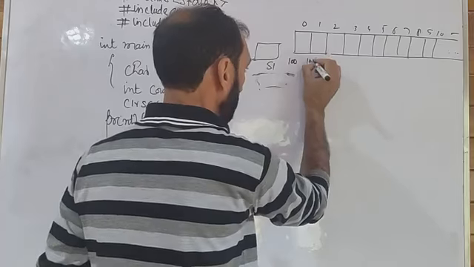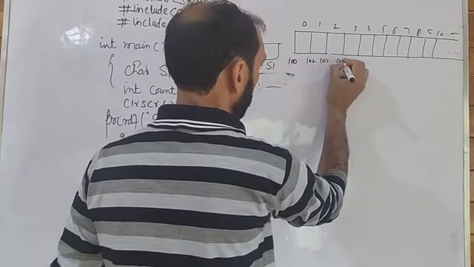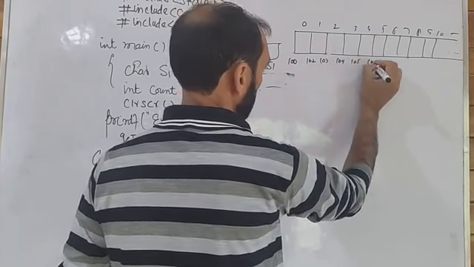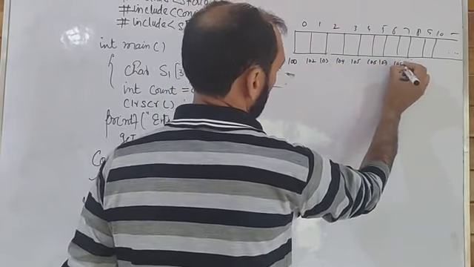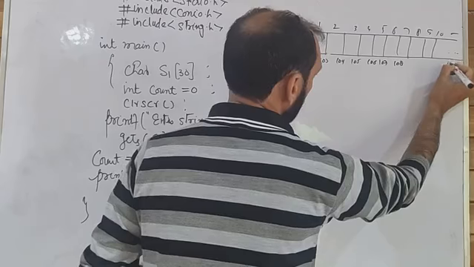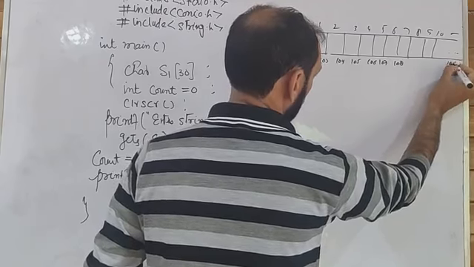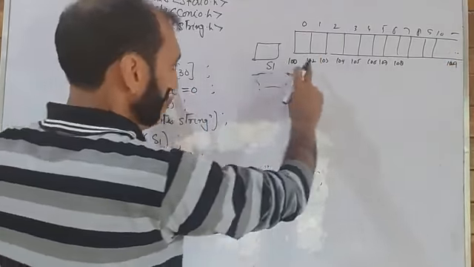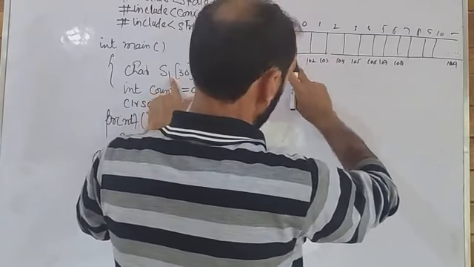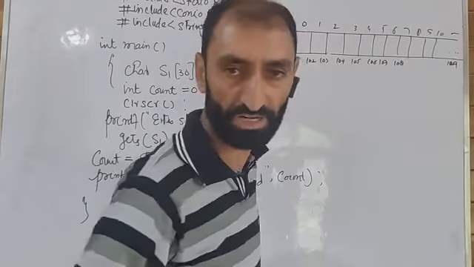Then you have 101, 102, 103, 104, 105, 106, 107, 108, and so on up to 129. So 30 bytes of memory are allocated, addresses 100 to 129.